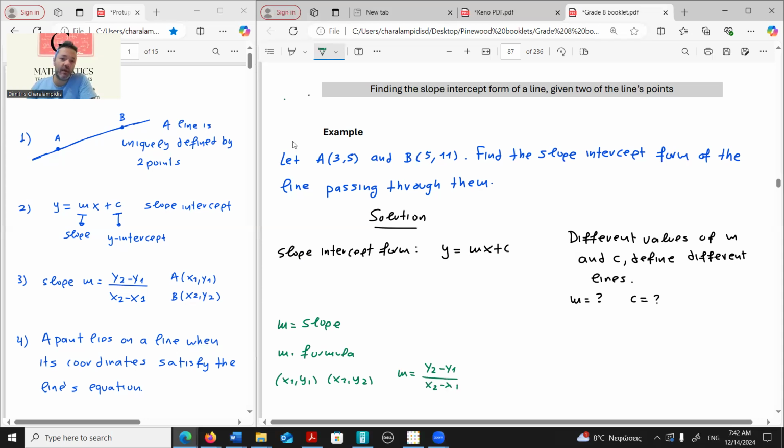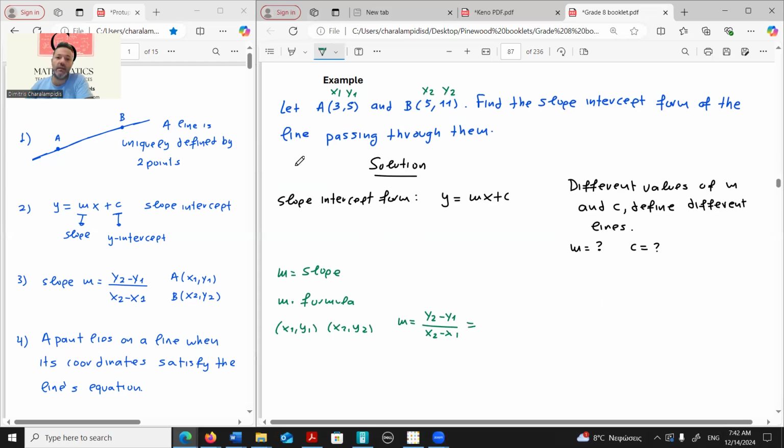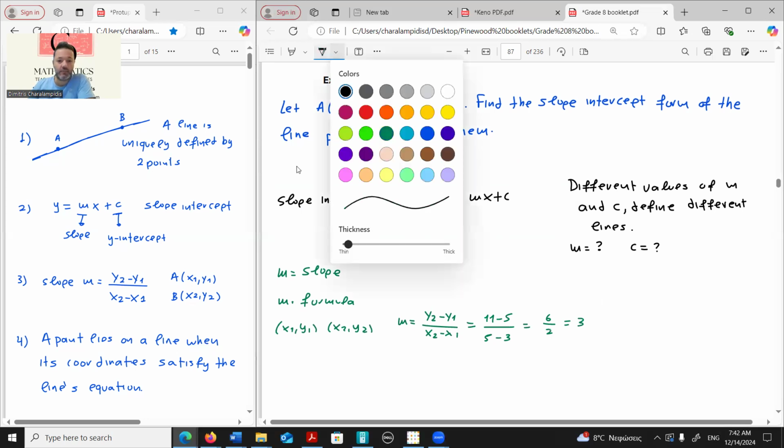Our points here are A, 3 and 5, and B, 5 and 11. So we could assume that A is x1, y1, and B is x2, y2. So by applying these numbers into that formula, we end up with 11 minus 5 over 5 minus 3, which is 6 over 2 equals 3.